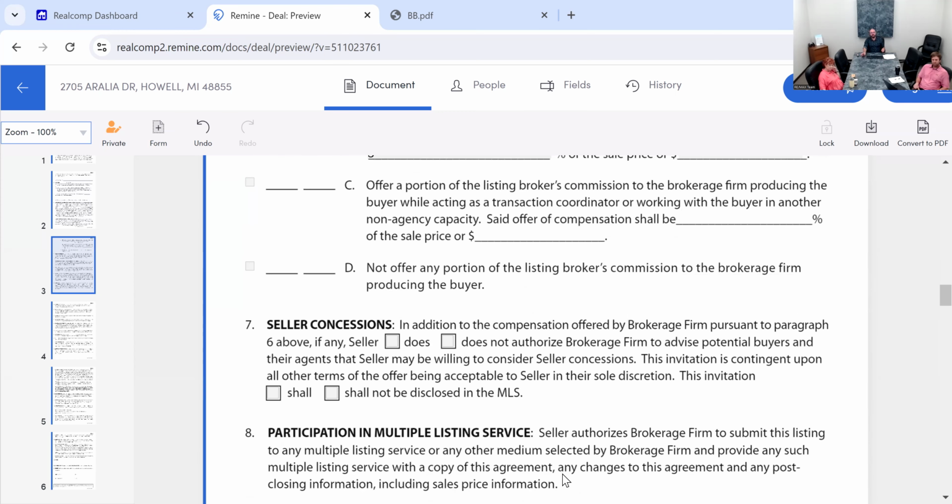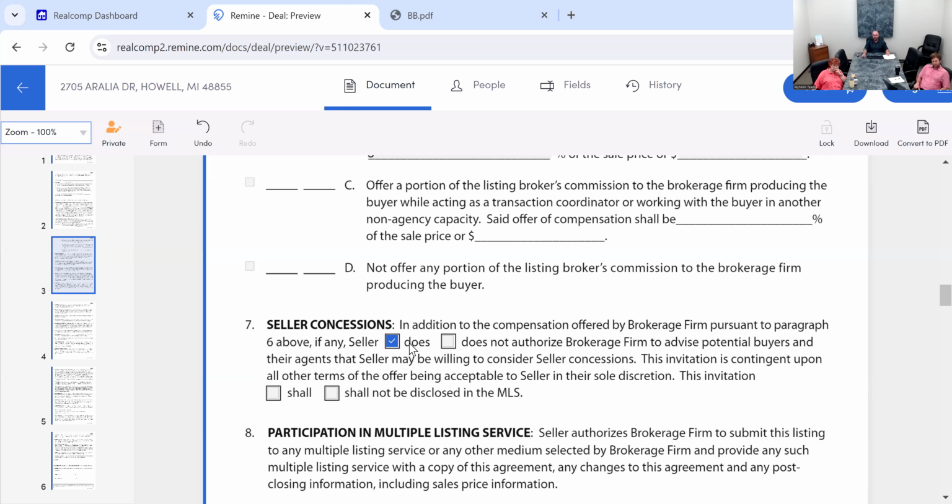All right, seller concessions. So since we're trying to figure out the terms by which they are doing their initial offer to the general public, it could be that as part of that, they're offering 3% seller concessions. The seller may be willing to consider, not even an amount yet, but just the whole idea of the seller being open to considering offers that have seller concessions built in.